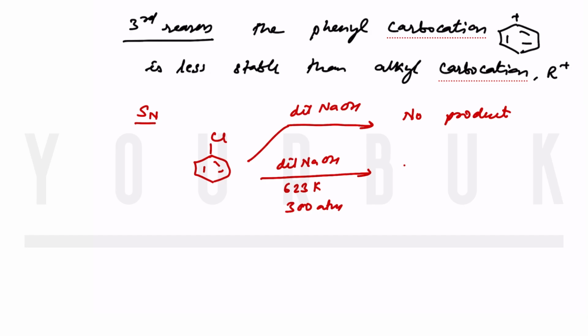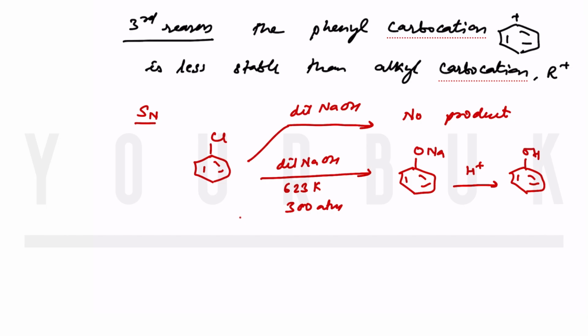So it gives a phenol, but phenols are acidic in nature. They immediately get neutralized by NaOH to give a sodium salt. So see how difficult it is to replace chlorine by OH. This on acidification gives a phenol.